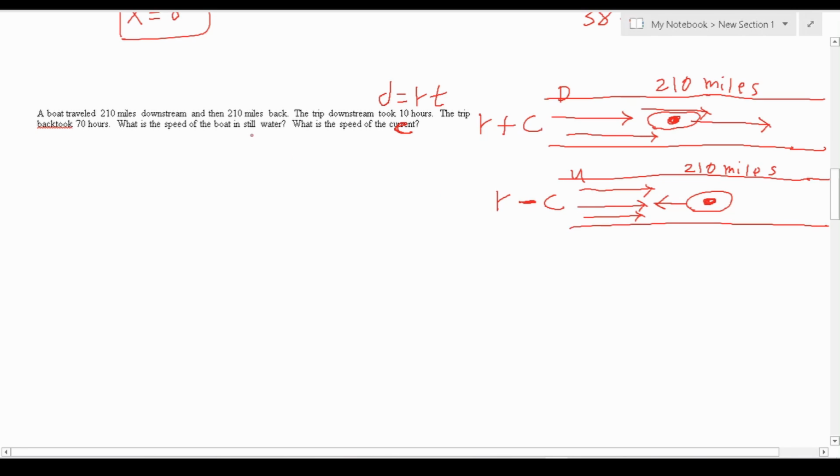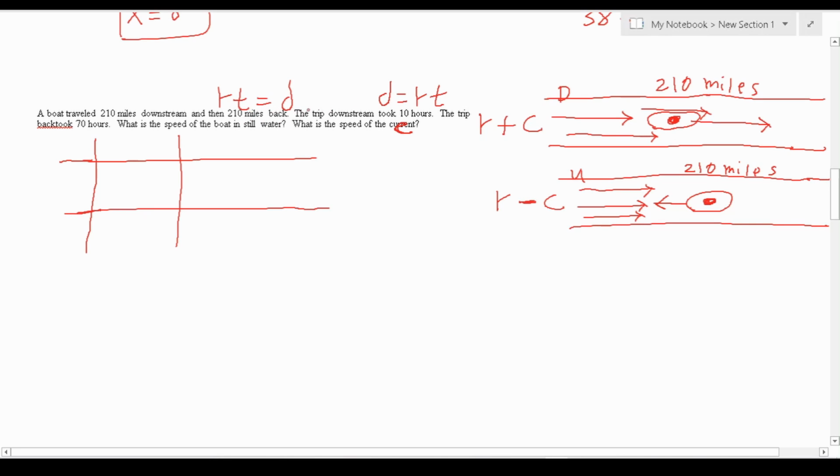Now, whenever you're given these problems involving distance, rate, and time and system of equations, it's always helpful to set up a little chart so that you can keep your work organized. And one thing I like to do is rewrite the equation such that it looks like this: RT equals D. Again, it's the same formula.